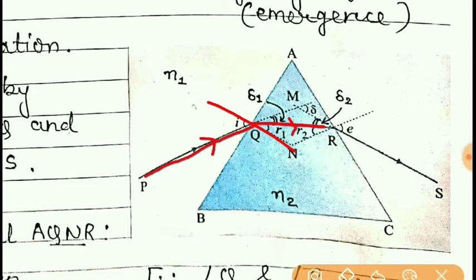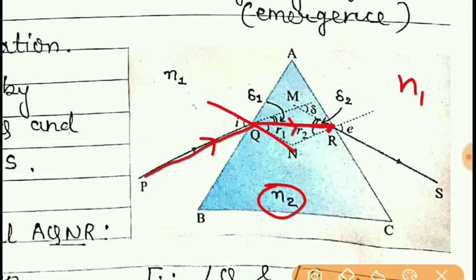Now once again, what happens? This refracted ray is incident at this point R. Once again the medium changes. Now the medium is from N2 to once again N1. But now it is from denser medium to rarer medium. So once again what will we do?